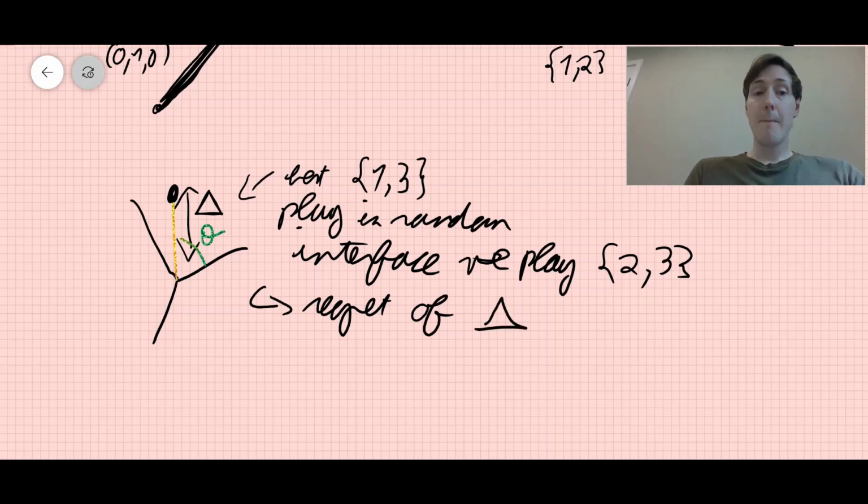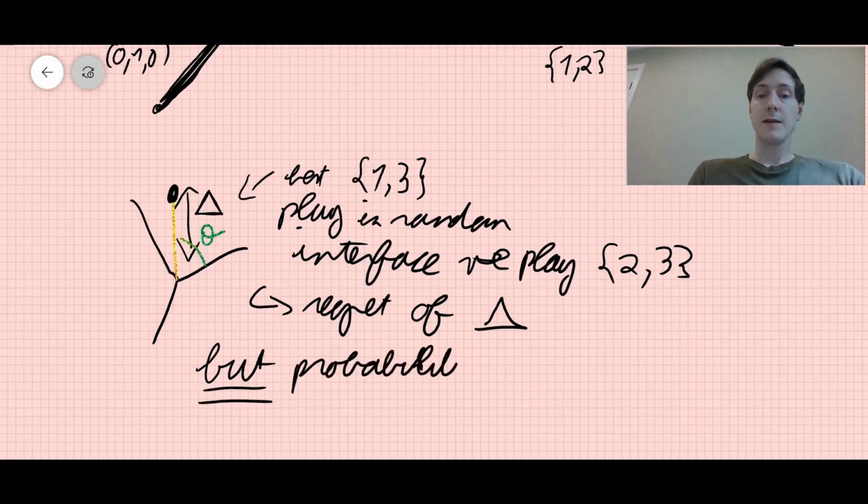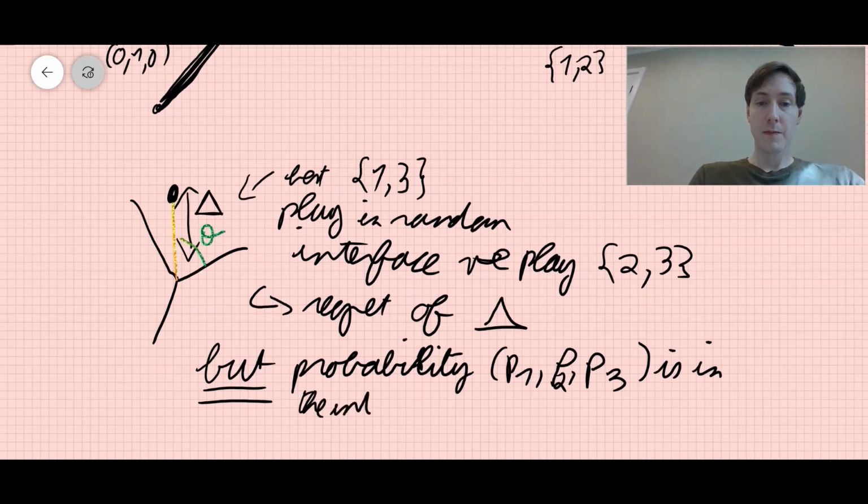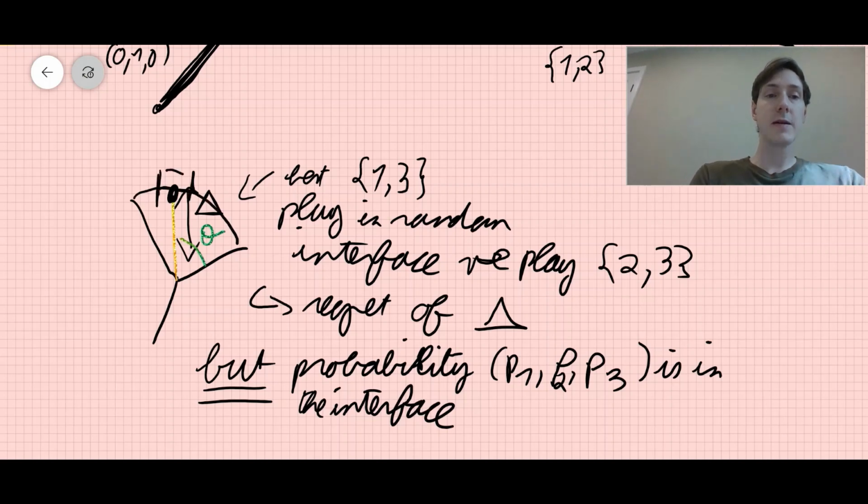Okay, but the probability that my tuple P1, P2, P3 is in the interface, what is it? Well, I'm at distance delta and I'm choosing a random angle, and the width here is 1 over square root t up to a log.